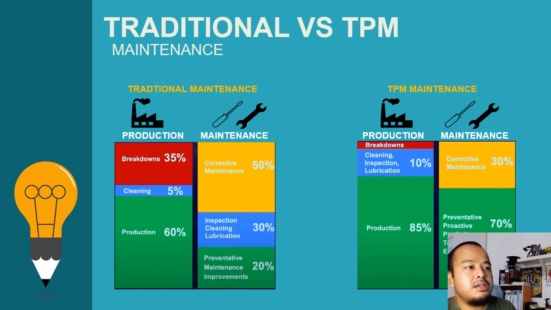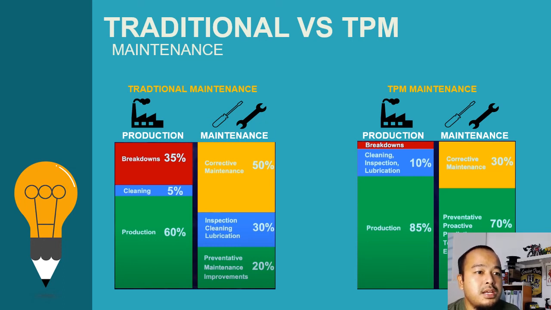If we remember, most of the time you do corrective. When you do corrective, it means the machine is not in operation, so it leads to downtime. When we compare to TPM, production breakdown is maybe less than 10%, less than 5%. Cleaning, inspection, lubrication 10%.